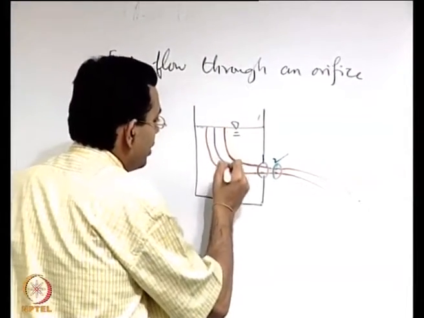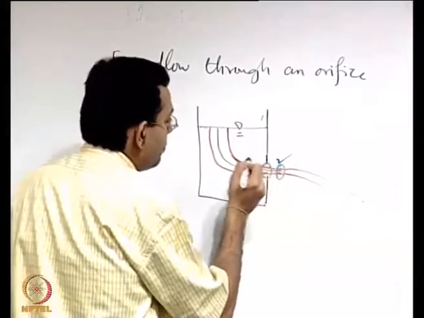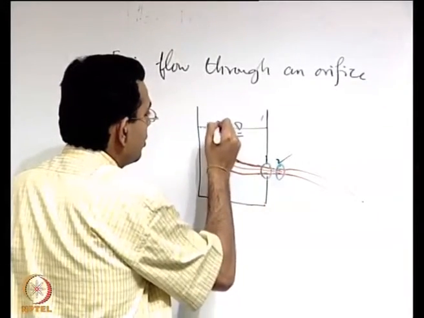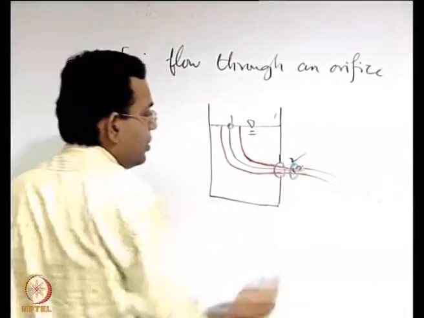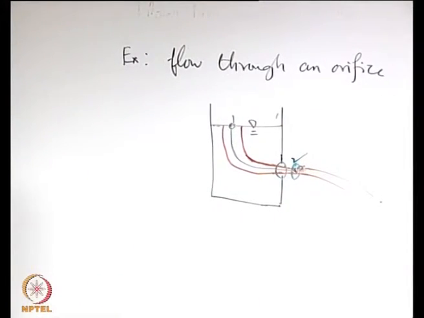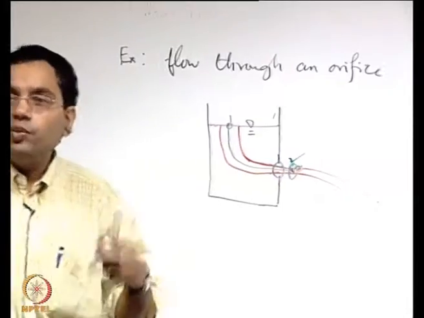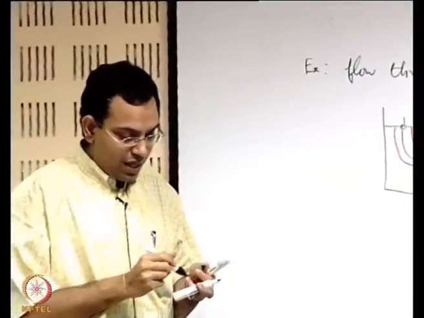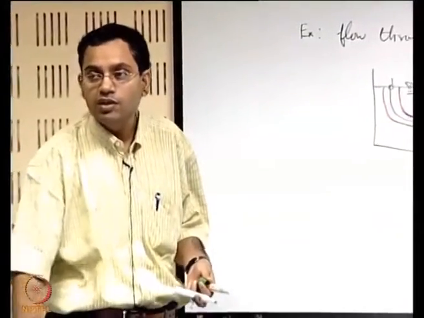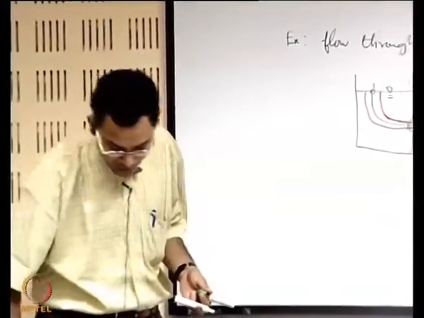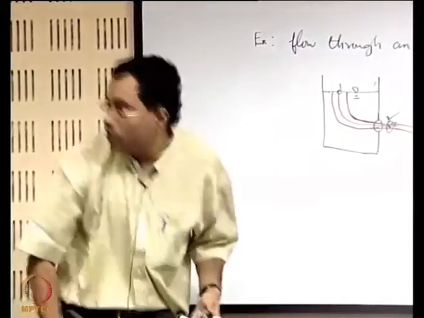Okay. So, this is the place we are looking for, and let us say we identify a streamline going like this, and we want to apply Bernoulli's equation between the points 1 and 2 along the streamline, assuming it to be ideal, and let us make certain approximations so that it matches with the high school thing that you have learned. So what are the approximations we will make? Number 1, we will assume that it is a steady flow.